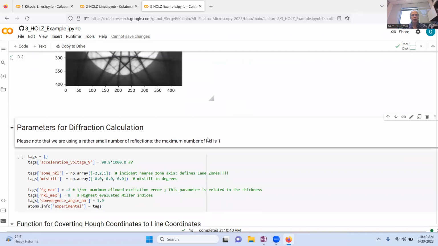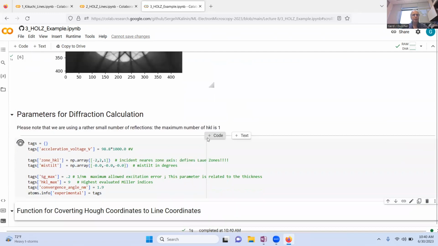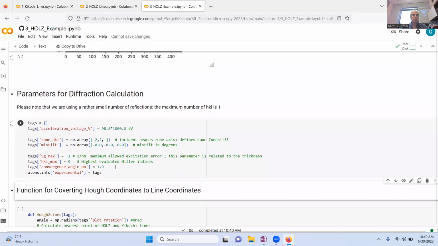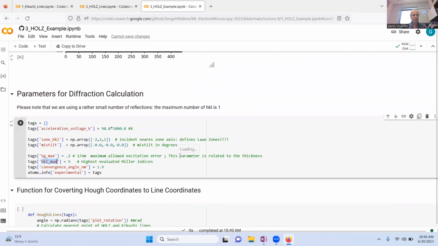I use experimental conditions, say, as used in the book. There was no mistilt. It's a 2-to-1 zone axis. I selected a maximum excitation error and a maximum Miller indices.